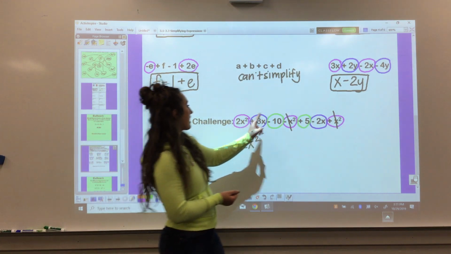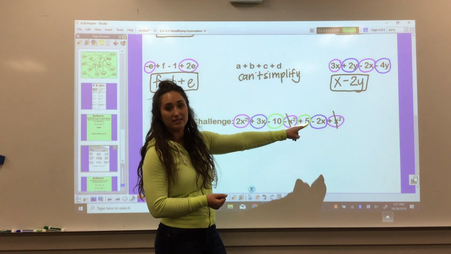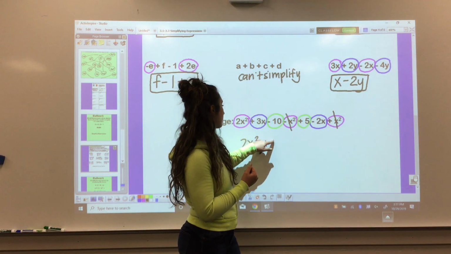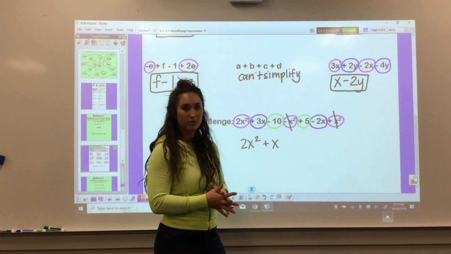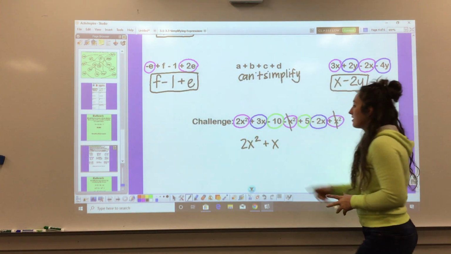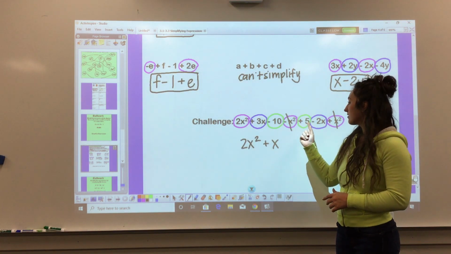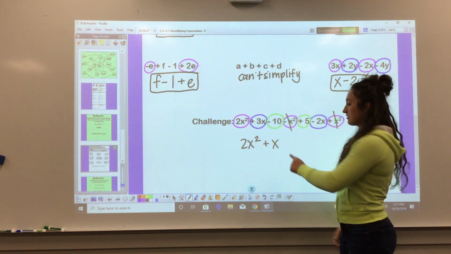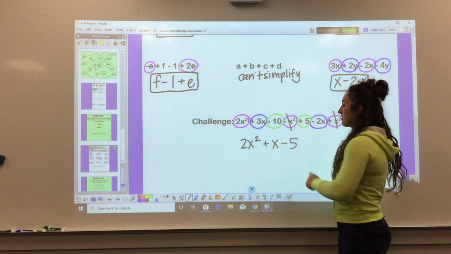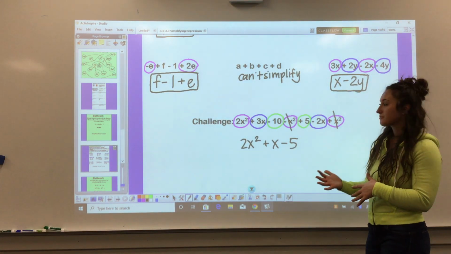And then 3x and negative 2x leaves you with 1x. So you can just write x. And then negative 10 and positive 5 is negative 5. So you could write minus 5 or plus negative 5.